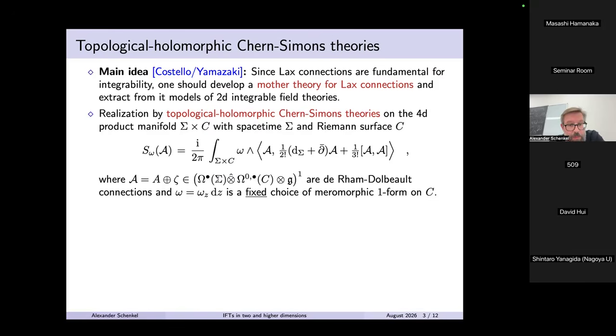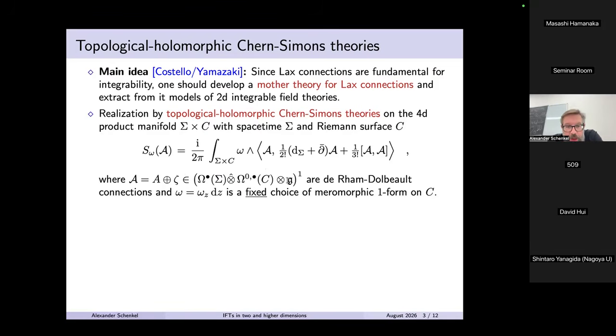So these are de Rham differential forms. However, on the Riemann surface, you just take Dolbeault forms. So these are the gauge fields here. They are kind of a mix of some topological gauge fields, so modeled on the de Rham calculus, and some holomorphic gauge fields, which are built on this Dolbeault complex.